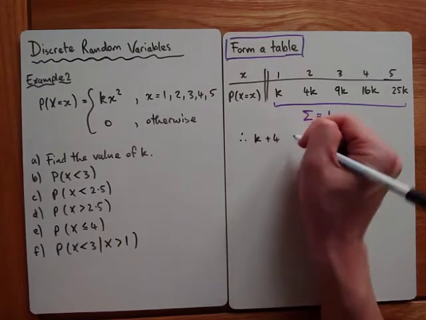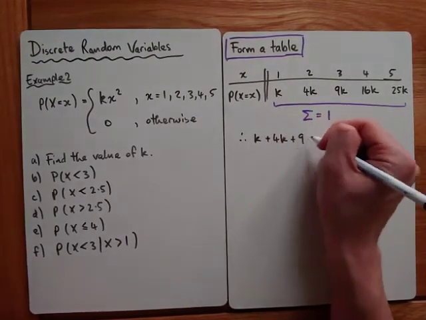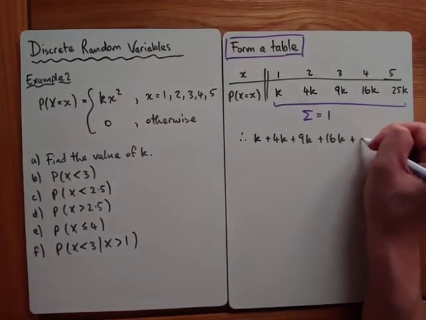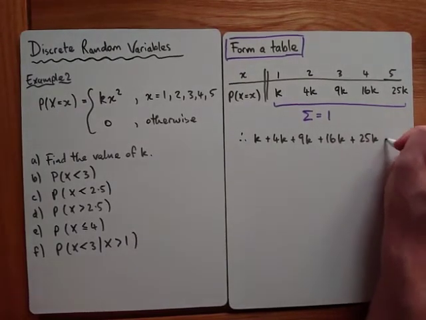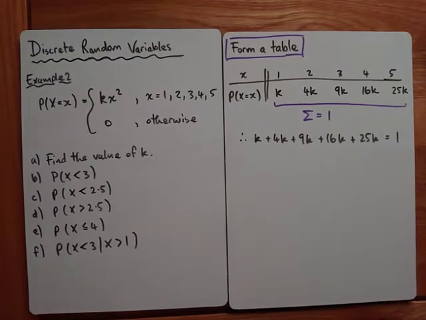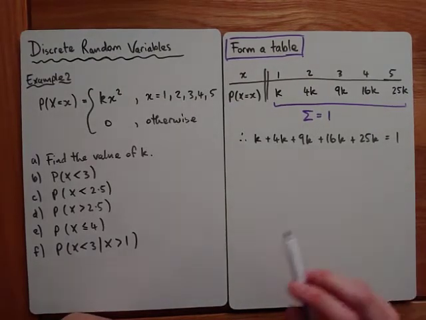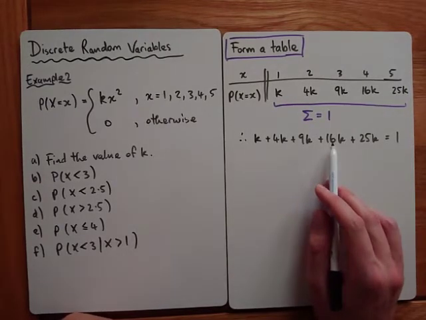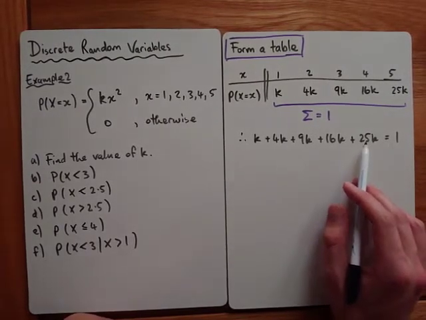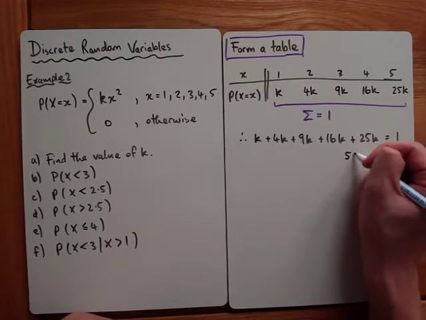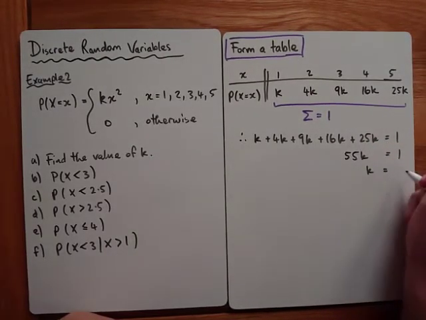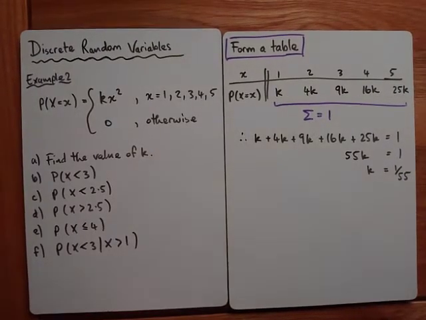So k plus 4k plus 9k plus 16k plus 25k must equal 1. That would give us 55k equals 1, so k would equal 1 over 55.